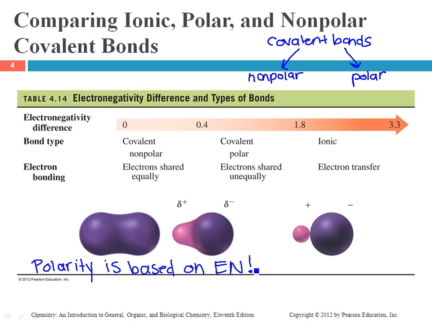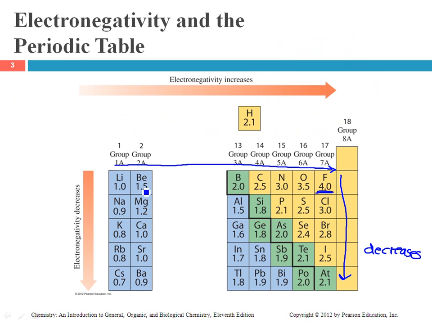If we say that a bond is nonpolar, this means that the electrons are shared equally between two atoms. If we look at two hydrogens bonded to each other, and at the difference in their electronegativity, if you go back to your chart, hydrogen has an electronegativity of 2.1.